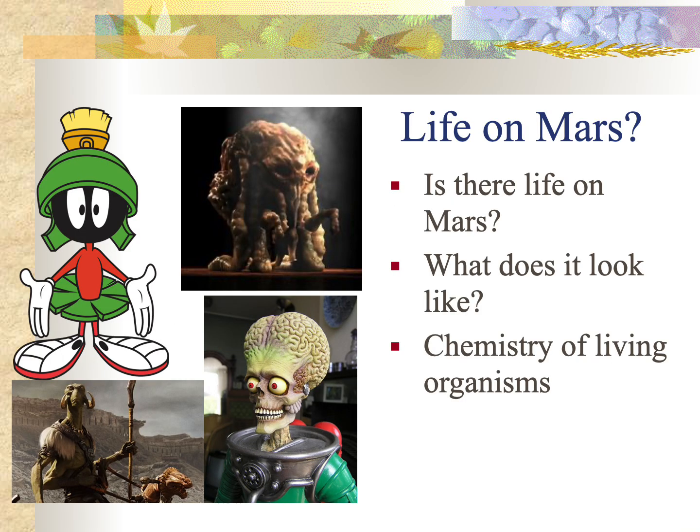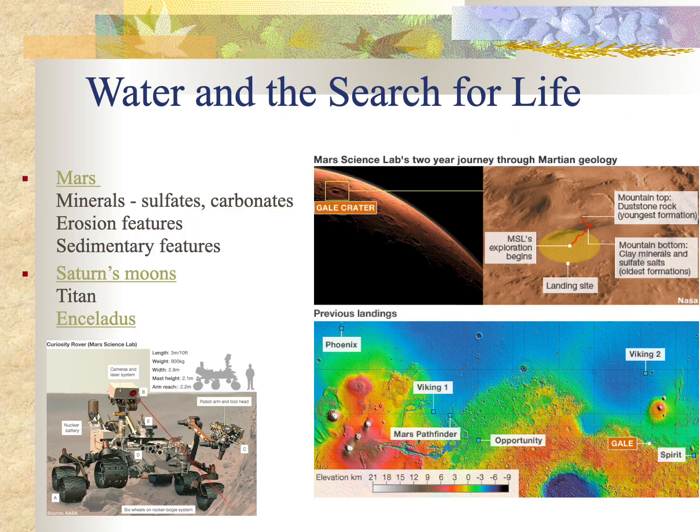Okay. One practical application is that water is useful for identifying where life might be present. Okay, lots of times we think of life and we think of these cartoons or special monsters, but it's more likely that we're looking for chemistry and we'll find microorganisms before we find anything that looks like this. And so the search for life on other planets is really the search for water.